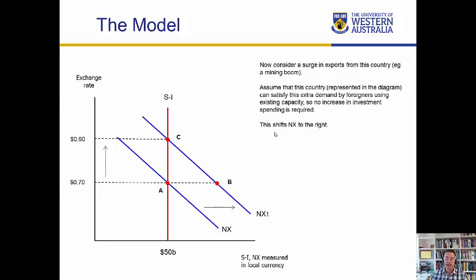So now, in this example, let's consider a surge in exports from this country. So for example, a mining boom. If we get a mining boom, the level of exports at each and every exchange rate increases. So that is the same as saying the net export curve shifts out to the right from NX to NX1.